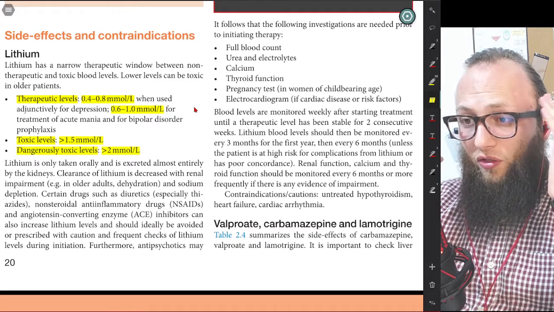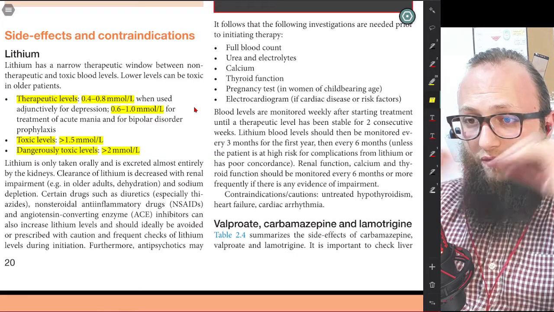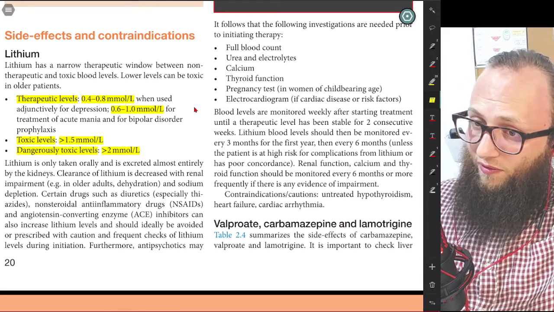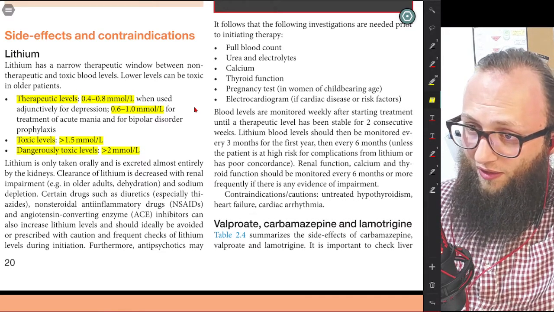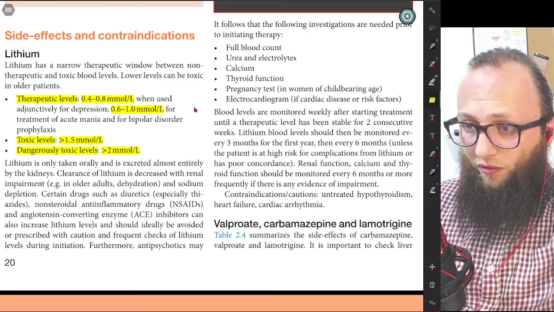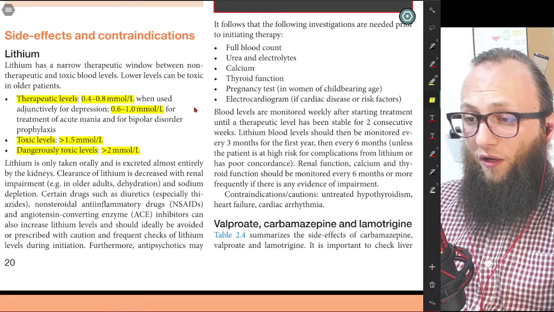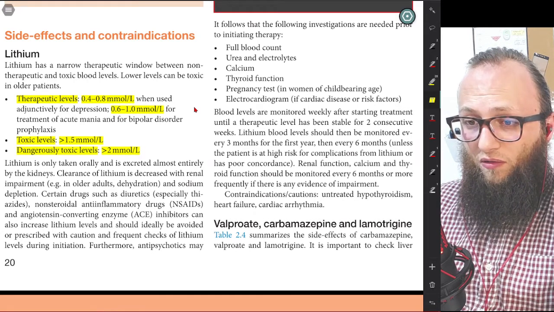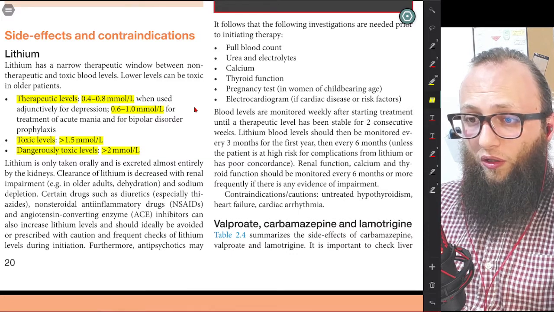Lithium blood levels should then be monitored every 3 months for the first year, then every 6 months unless the patient is at high risk for complications from lithium or has poor concordance. Renal function, calcium and thyroid function should be monitored every 6 months or more frequently if there is any evidence of impairment.